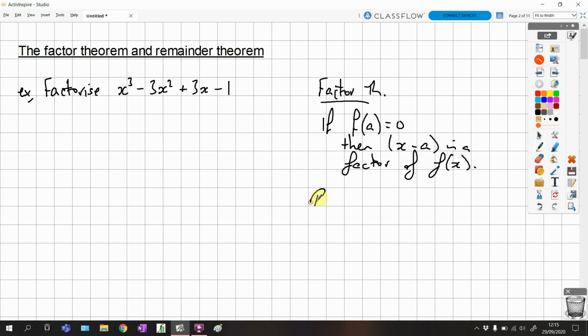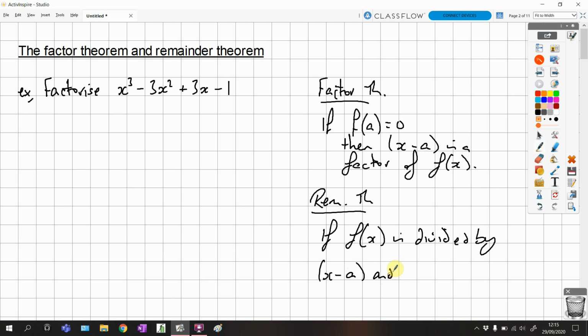While I'm at it, the remainder theorem says that if f of x is divided by x minus a, and the remainder is b, then f of a equals b.